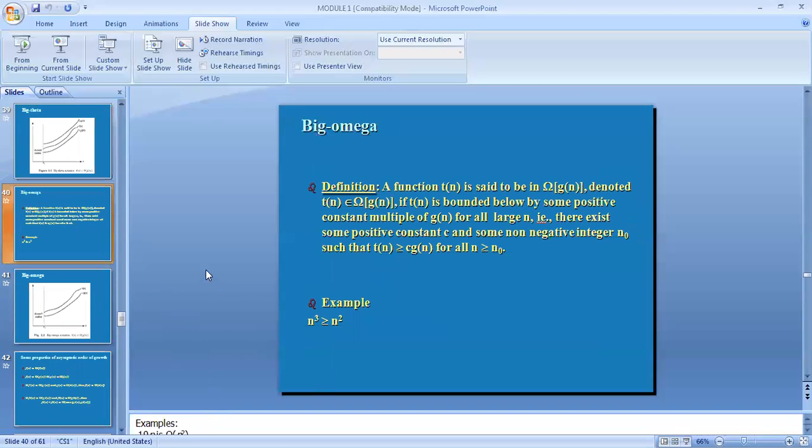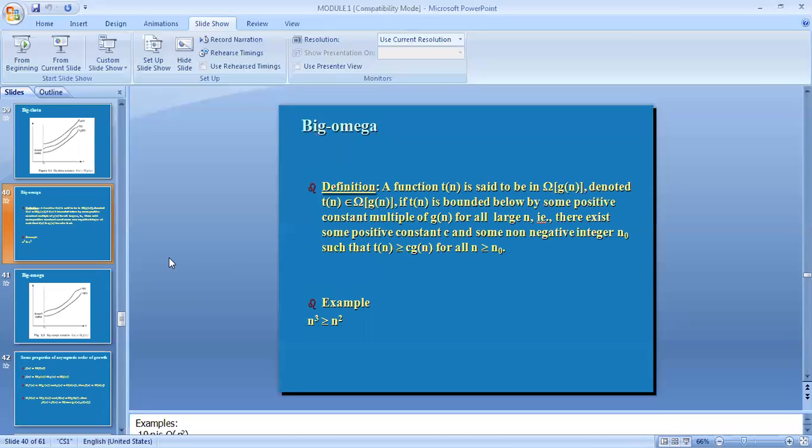Third is big omega. A function T of n is said to be in big omega of g of n if T of n is bounded below by some positive constant multiple of g of n for all large n.